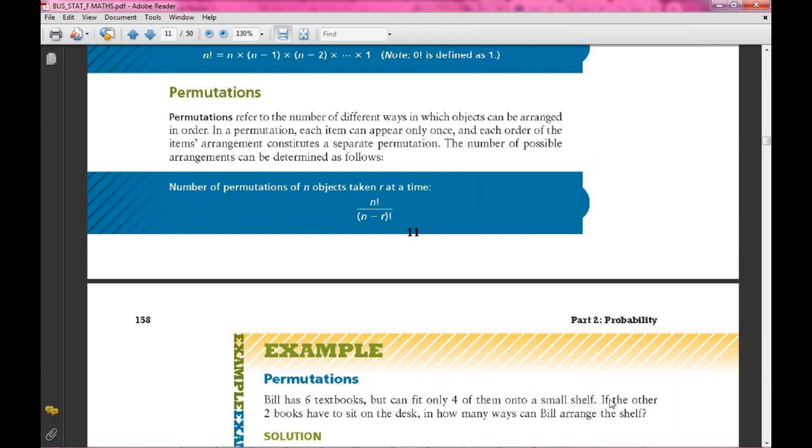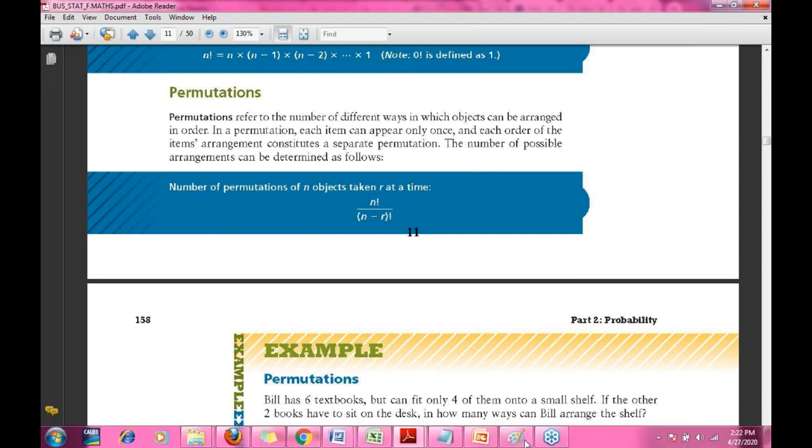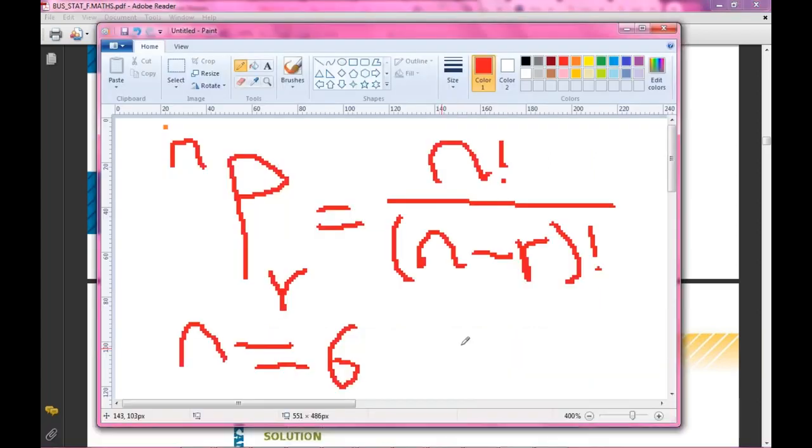Take note, don't get confused, because the question further says that if the other 2 textbooks have to sit on the desk, in how many ways can we arrange the shelf? So the 4 that we have there is the r. Our r is equal to 4.